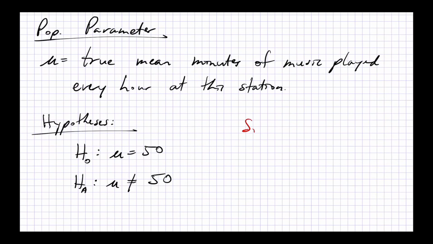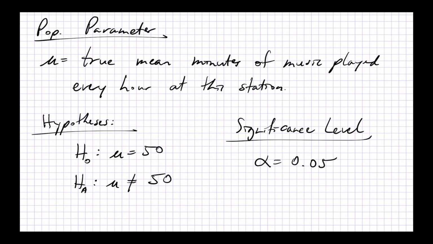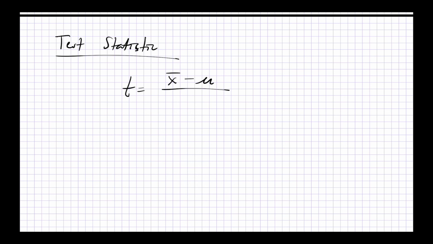Okay. Significance level. They don't say it, so we use our default, which is 5%. Okay. Or we can go test statistic. So it's a t. So it's x bar minus the claim over standard deviation over square root of n.